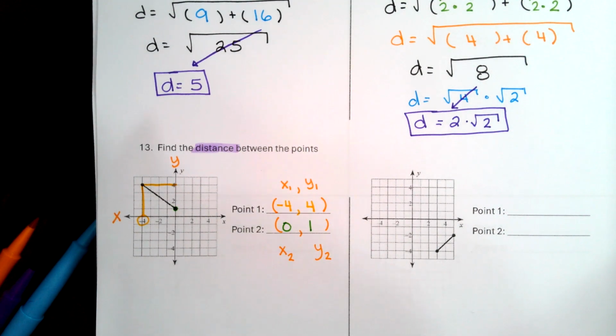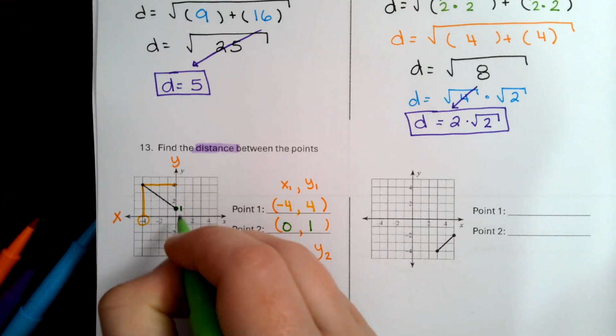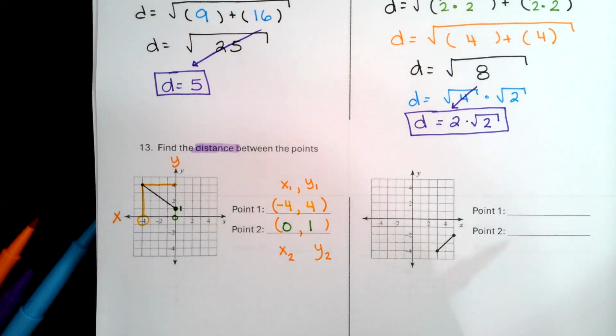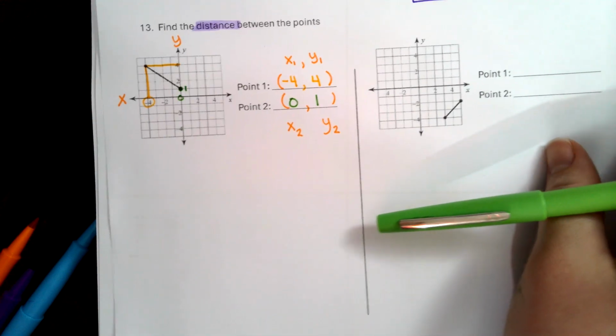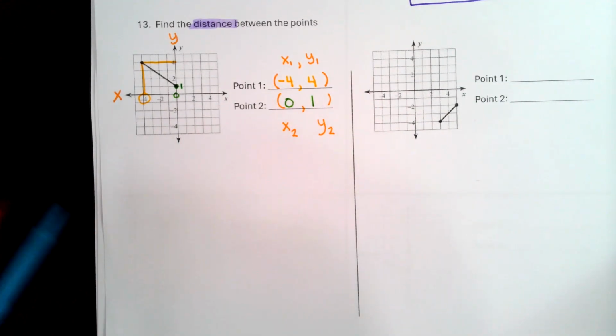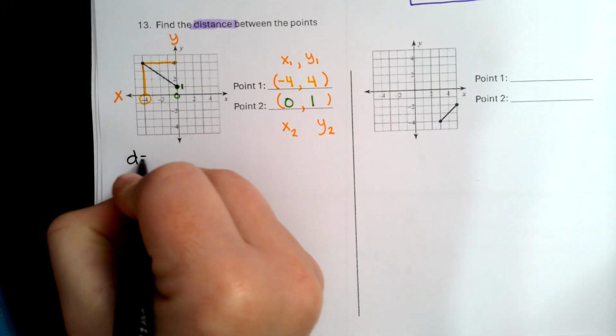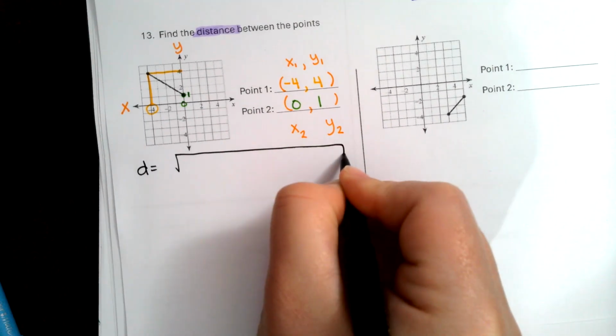Now that we've identified our 2 points, we're ready to use the distance formula. Okay, so this one's kind of like a level 2 question because the points are not written out for you. Let's write out our formula. D equals, again, it's the same formula as above.